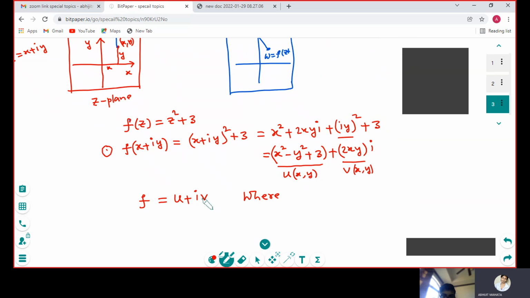Because for the function u, you have two inputs, x and y. So u will be a function from R2 to R because it is a real number, and v is also a function from R2 to R, right? This way, a complex valued function is defined.